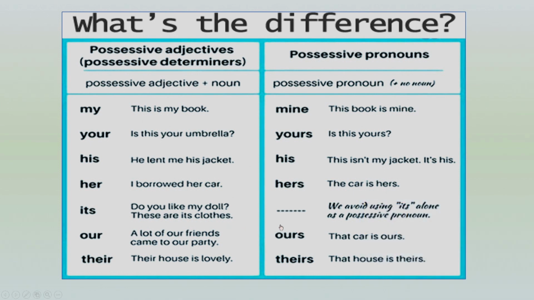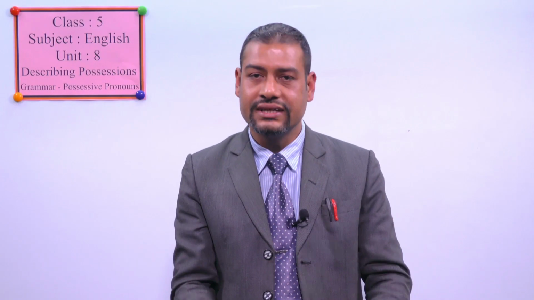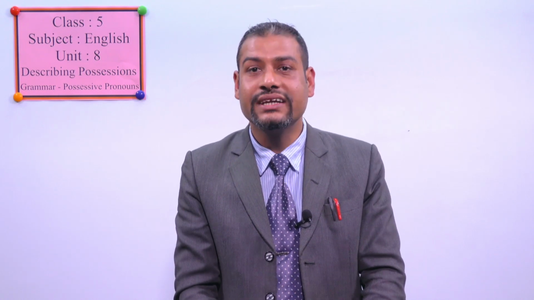Here, you have to note down that for both possessive adjective and possessive pronoun, you have to use its. And we don't need a naming word after its for possessive pronouns. For this case, only its case.